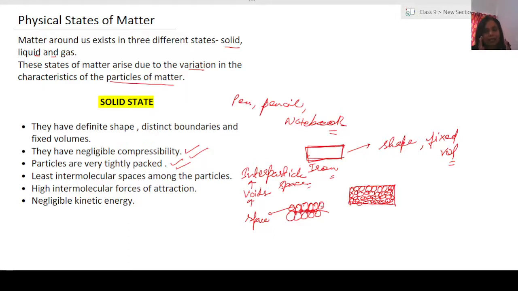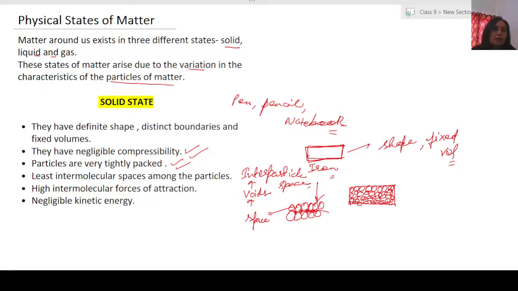So this arrangement of particles itself gives them a definite shape. There are clear-cut boundaries and you cannot compress them. See, compress means what? To apply force, right? When we apply force, there is no space between the particles where another thing can be accommodated, or it cannot make a space because the spaces are themselves very, very small.